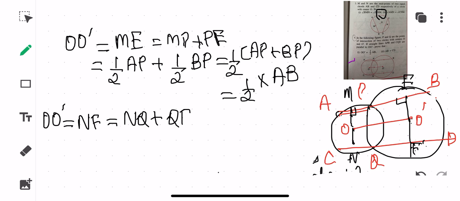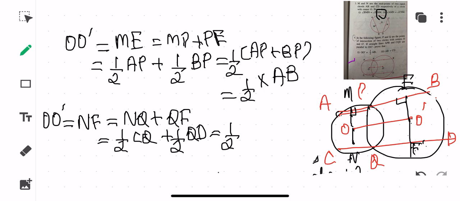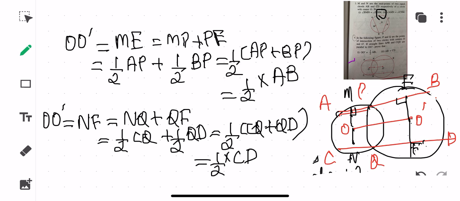Now we have found out that NQ is equal to half CQ and QF is equal to half QD. So you are going to take half of CQ plus QD. So CQ plus QD in turn is equal to how much, children? CQ plus QD is equal to CD. So this is equal to half CD. So this was our sub question 1, which was continuing. This is for the second sub question. So this you can take as equation number 1, this you can take as equation number 2.